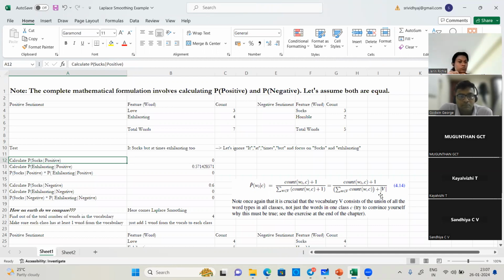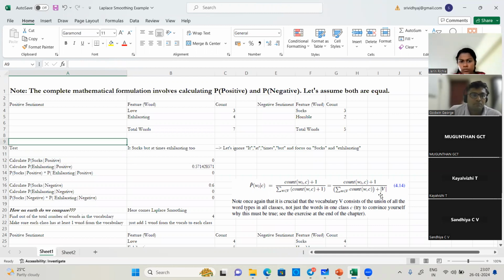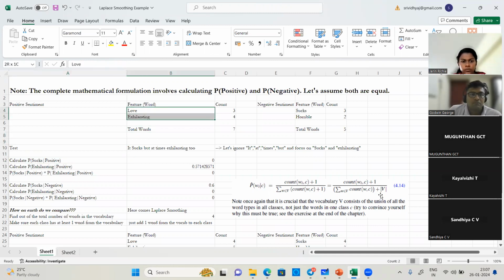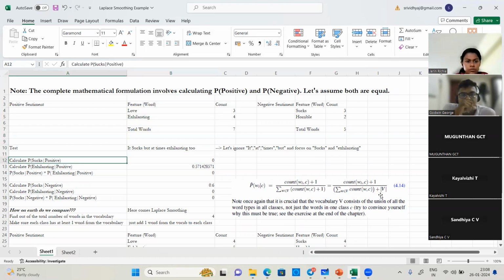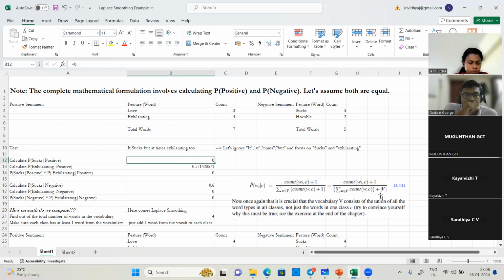Why is it 0? Because the occurrence of sucks in positive is 0. If you look at the positive sentiment, the word sucks doesn't occur at all. So it is 0. What is the probability of exhilarating given positive? Just tell me the fraction, folks, not the decimal. 4 by 7.